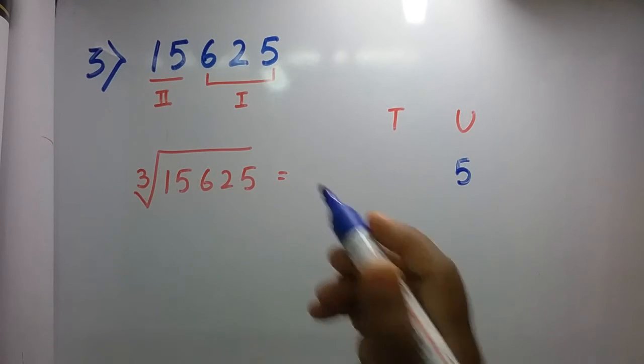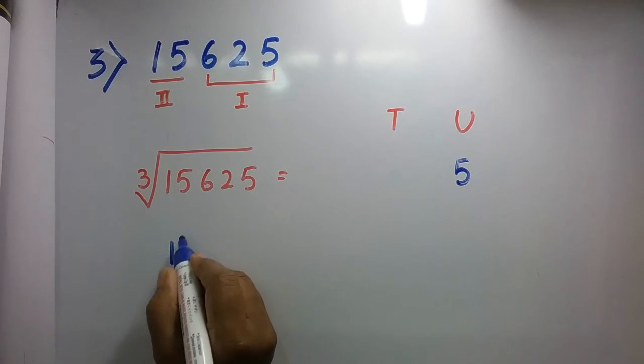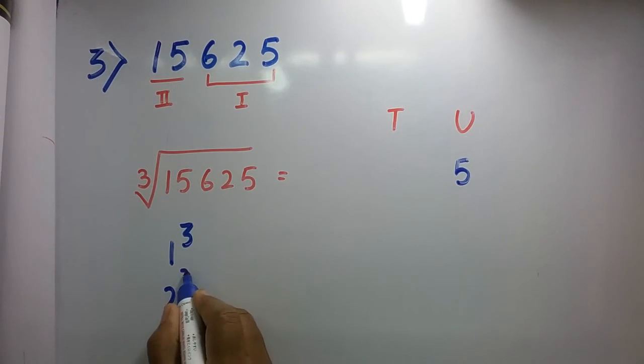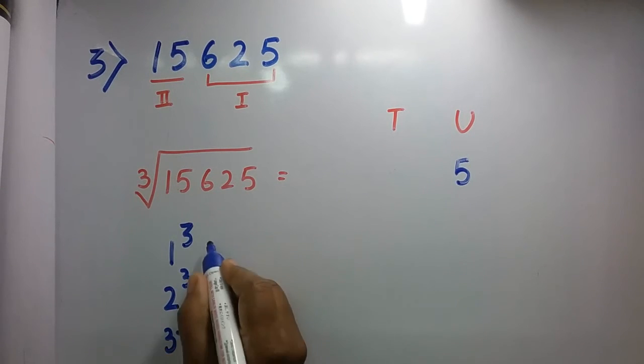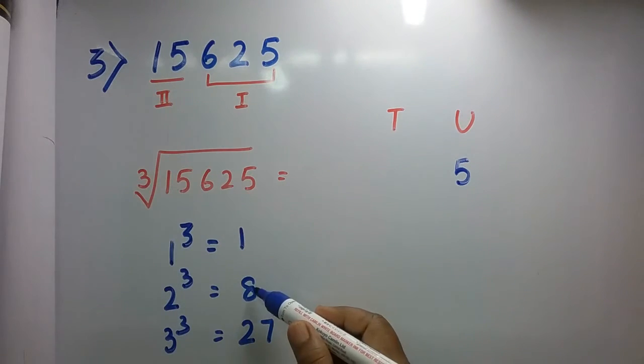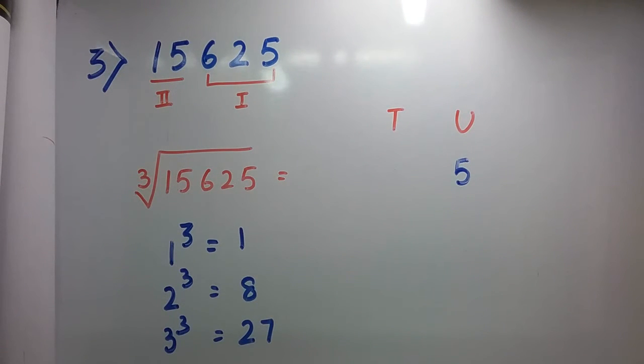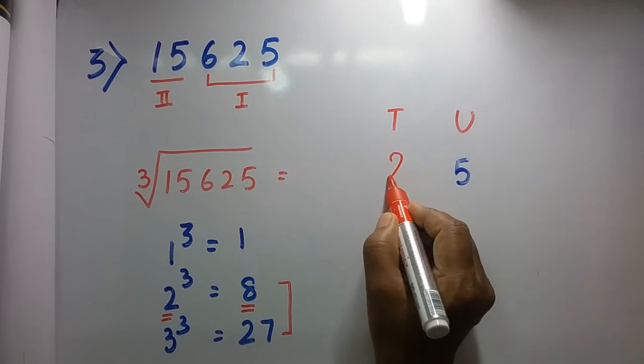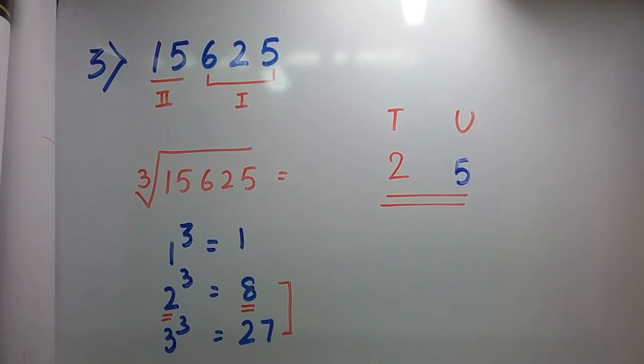Check for the tens place. It is 1 cube, 2 cube, 3 cube. It's 1, it's 8, it's 27. Again 15 comes between 8 and 27, and out of 8 and 27, 8 is smaller, which is the cube of 2. That means in the tens place also you will get 2, so the answer is 25.